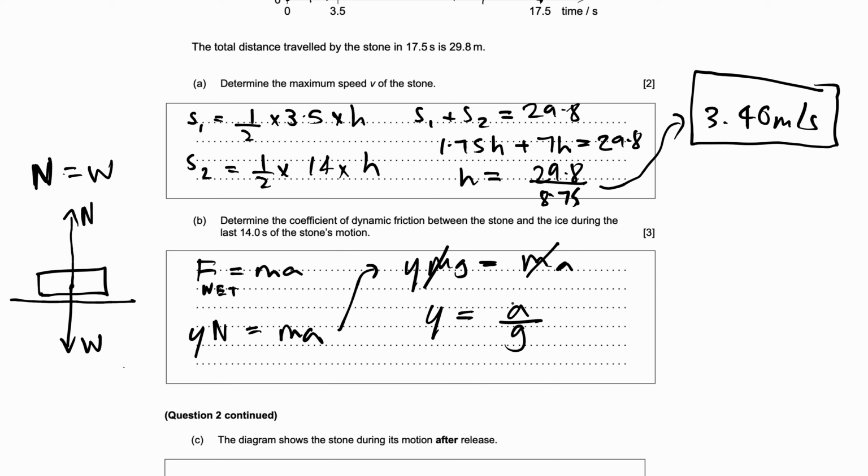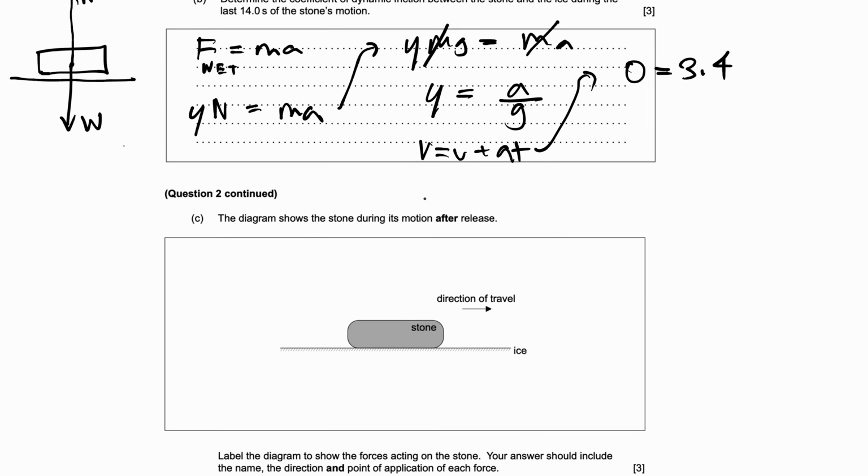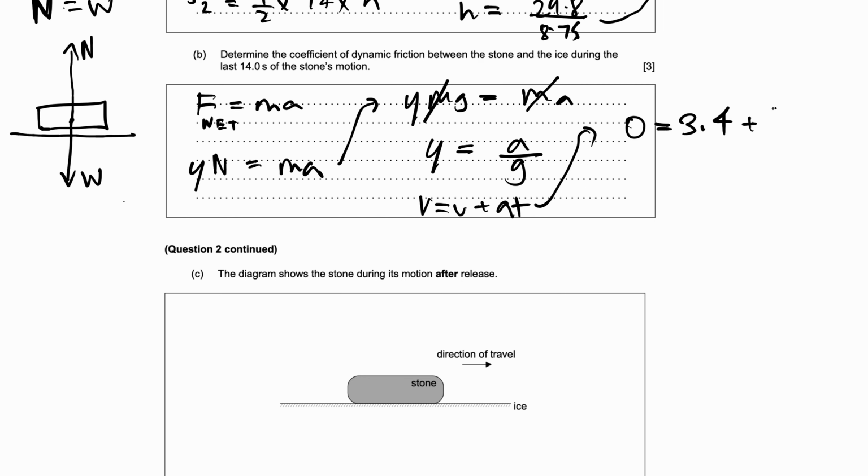Now I need to find out what's the acceleration of the curling stone in the last 14 seconds. I can do this using the Suvat equations. The simplest one would be v is equal to u plus at. Now how would this work? I know the final velocity is 0. The initial velocity I've calculated is 3.4 because they're saying last 14 seconds, and during the last 14 seconds this is the initial velocity, 3.4, plus a, which is what I want to calculate, times the last 14 seconds.